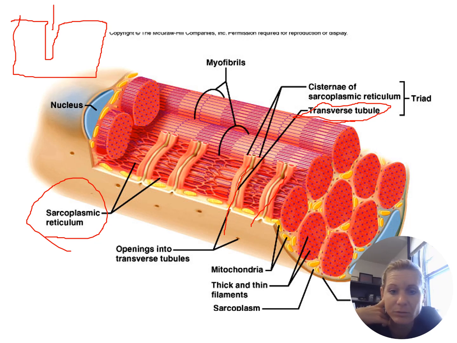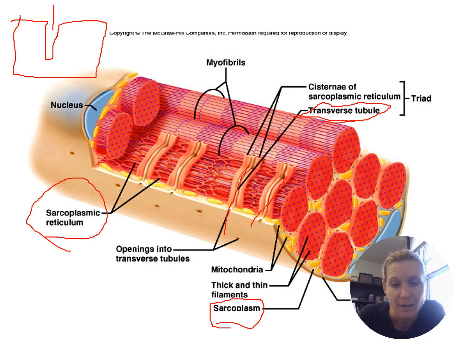Let's see, what else do I have? Sarcoplasm. Sarcoplasm is the same thing as the cytoplasm of the cell. This is going to be that gel-like fluid within which we have the ability to have different reactions occurring.